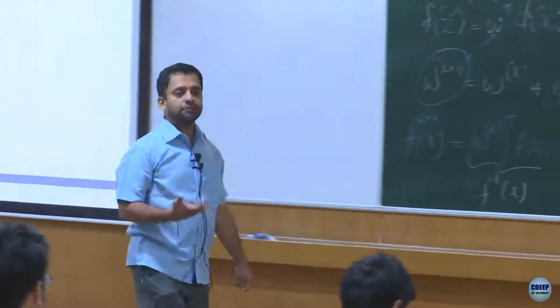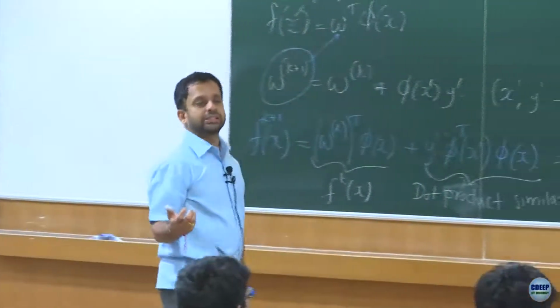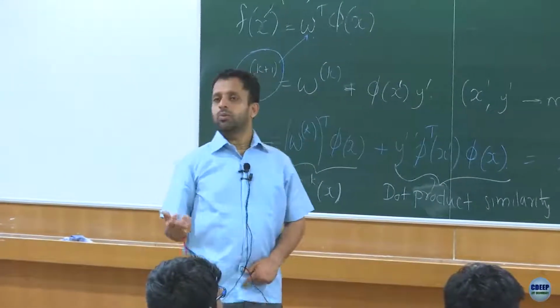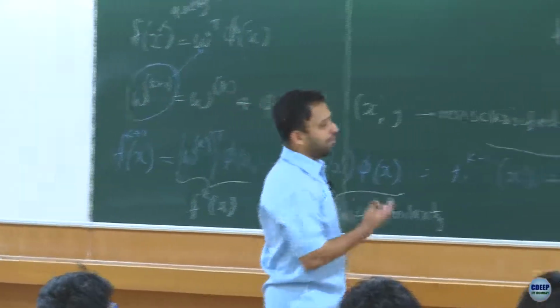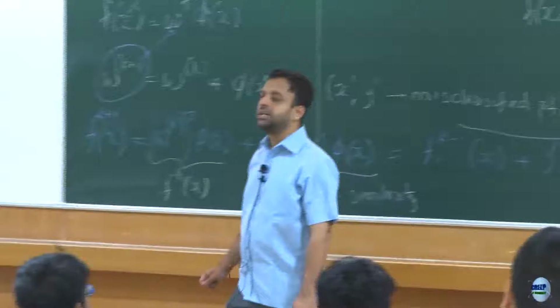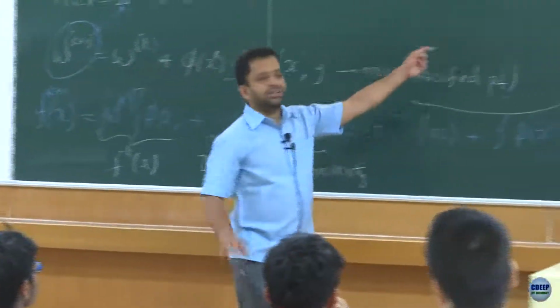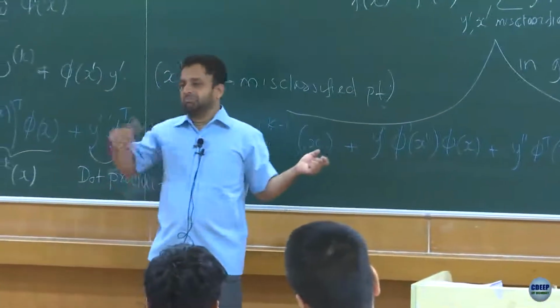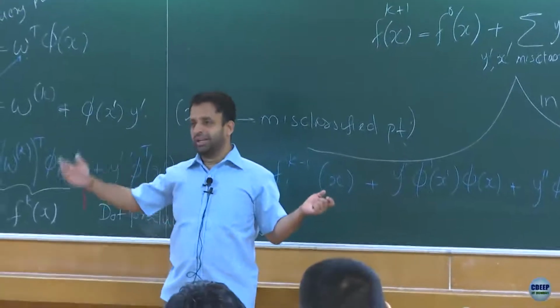Of the dot product of phi of x prime with phi of x, with y. I mean the y prime basically is always trying to adjust for the sign. Now if a point gets misclassified multiple times, then it will count those many times, right?